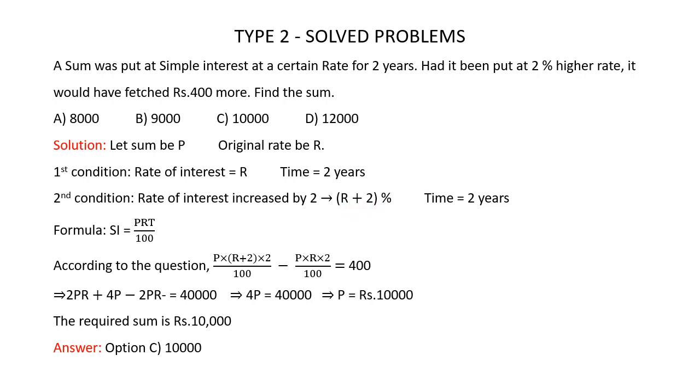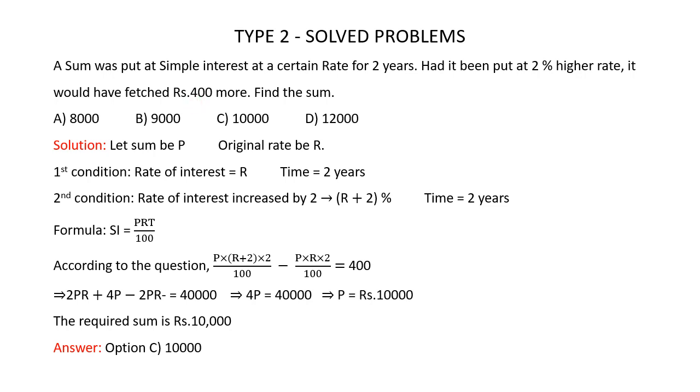Now according to the question, it's given that had the sum been put at 2% higher rate, it would have fetched rupees 400 more. This means that the simple interest at the new rate of interest which is higher is more than the simple interest at the original lower rate of interest by rupees 400.